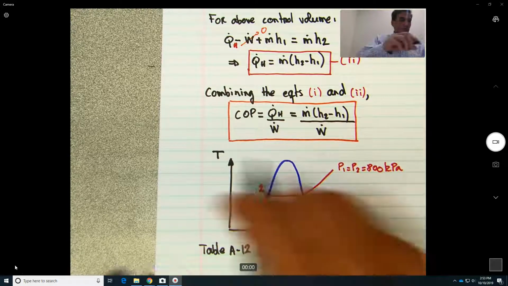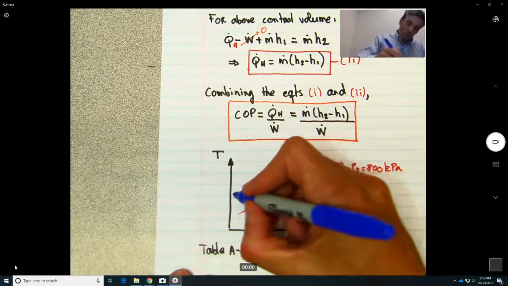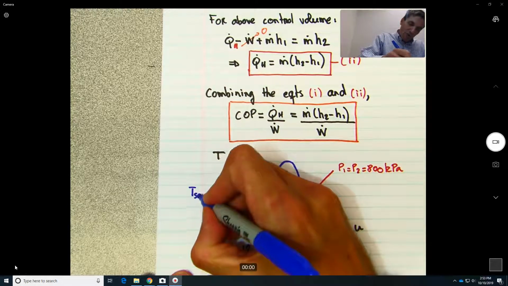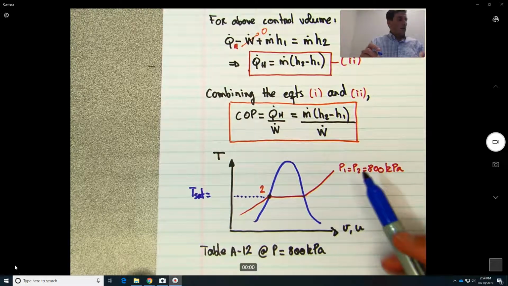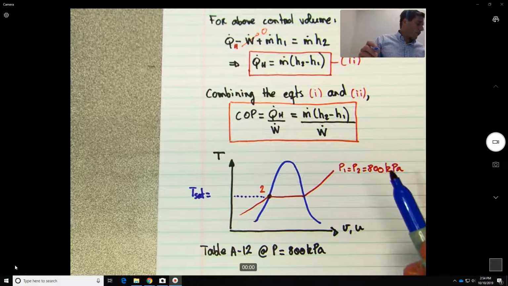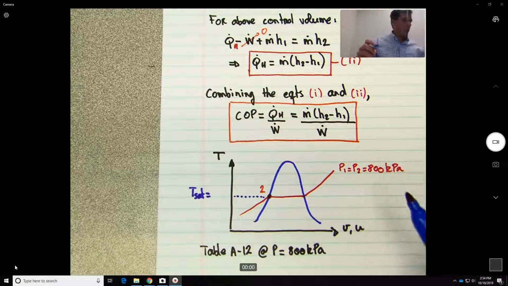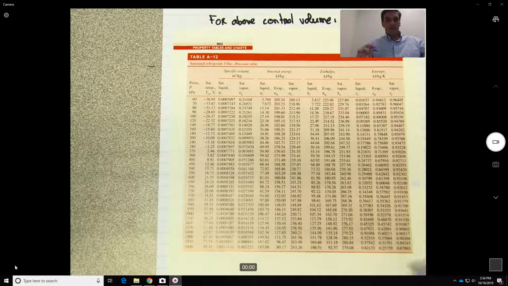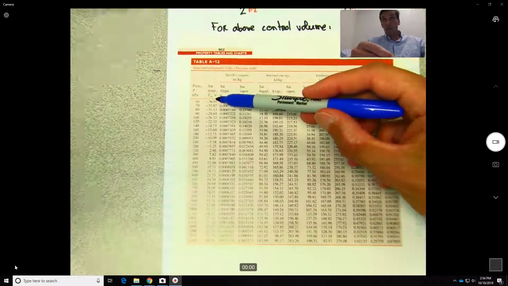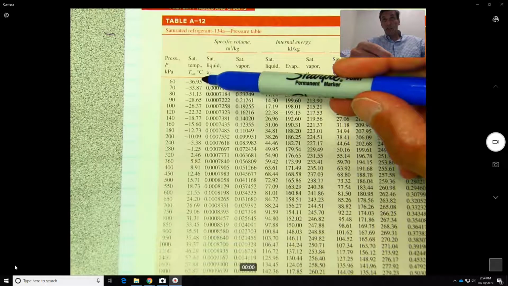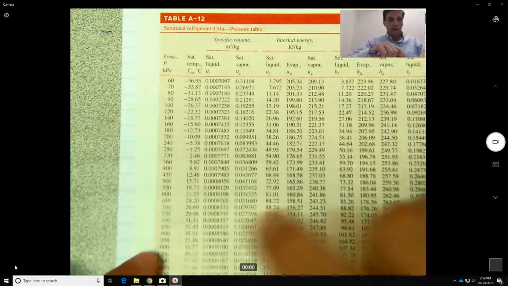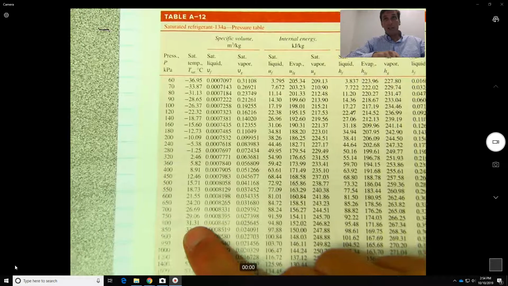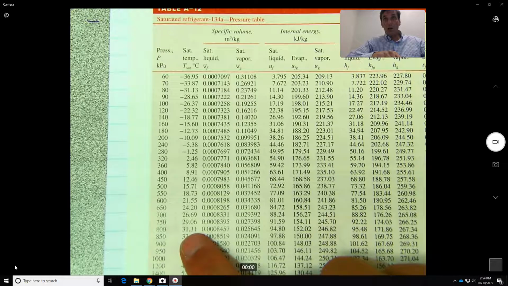So basically what I'm trying to find out is what is the saturation temperature given on the table. So table A12, let me try to zoom in. This is the saturation temperature. At 800 it is 31, I don't know if you can read it, 31.31.